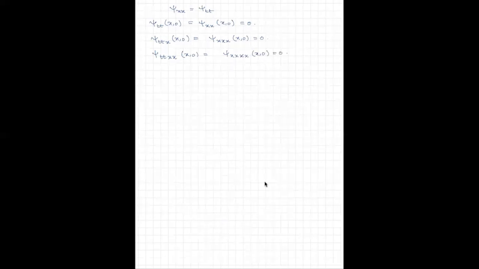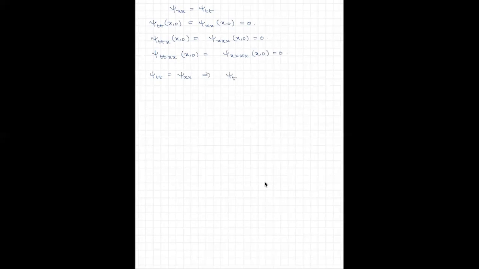And we can also start from psi tt is equal to psi xx again, and you can take a time derivative now.